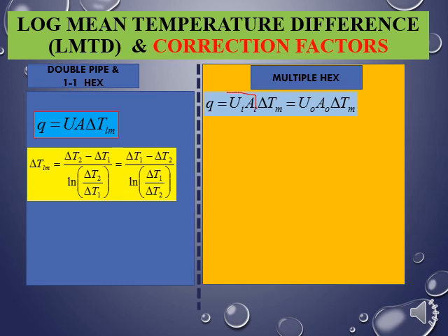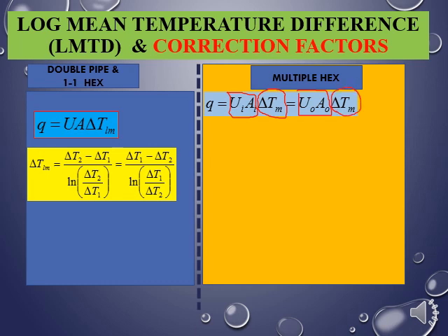The parameters U and A here remain the same, based on which surface area we refer to. But for the delta T here, we no longer use the delta T log mean, but we use the delta Tm.